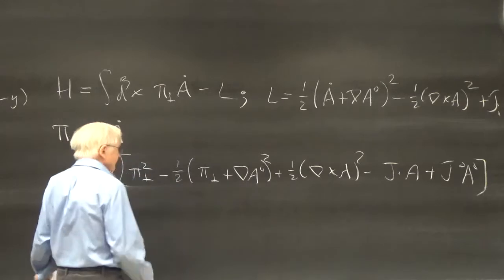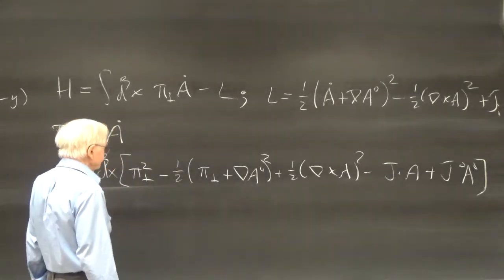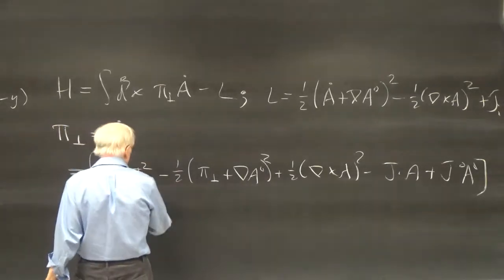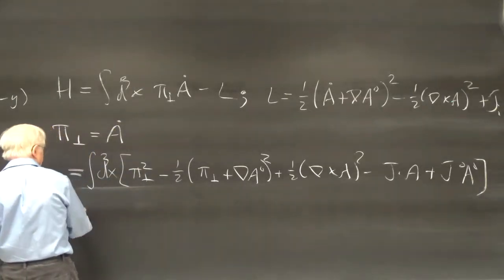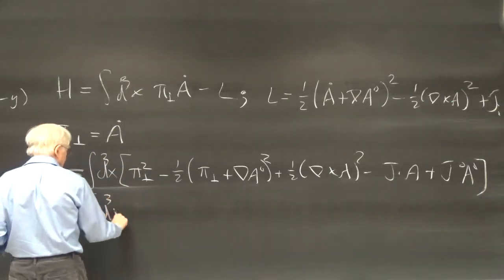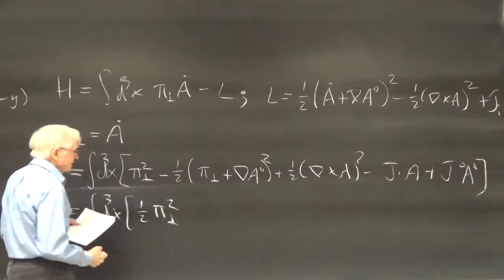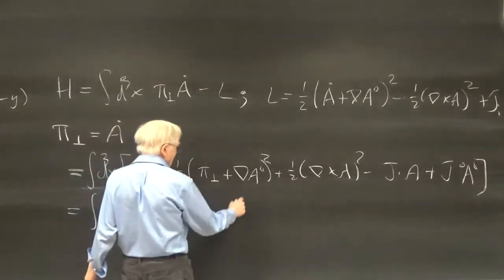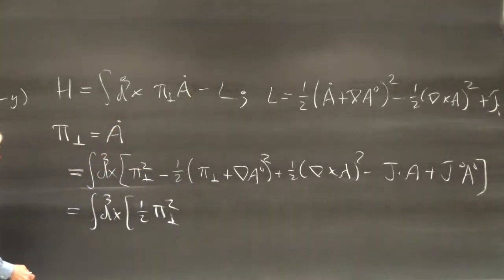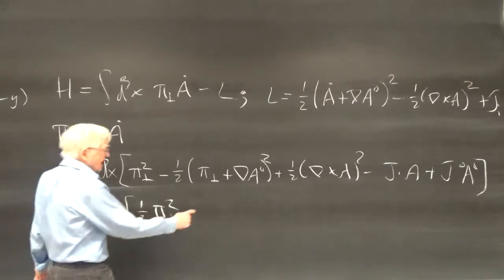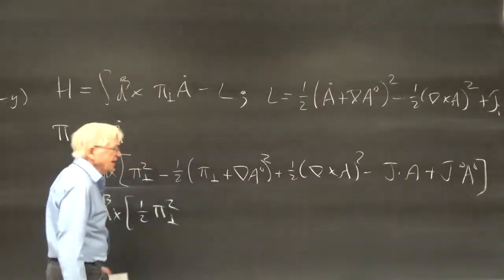And we get a cancellation here, so this is d cubed x, a half pi transverse squared. The cross term, or the dot product, vanishes because pi transverse is transverse. And then you have this minus a half (grad A0) squared.